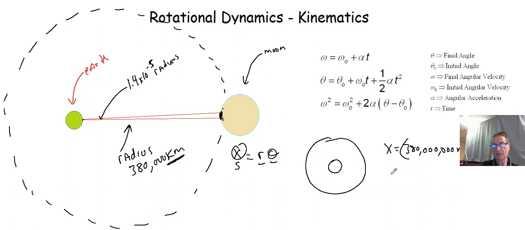When we do this math, what we come out with for a value of x, the diameter of the dot that would be shown on the Moon, or you could think of it as the arc length, is 5.3 times 10 to the third meters. So it would be a pretty big dot that would shine on the Moon. Again, this is not an obvious rotational dynamics problem, but you can solve it with the rotational dynamics equivalencies. Okay, so that's the first problem that we're going to solve.